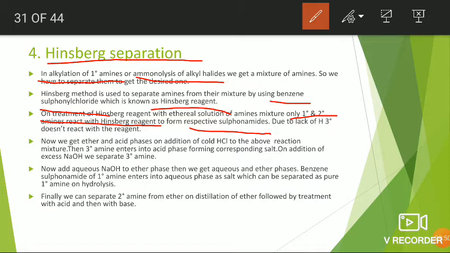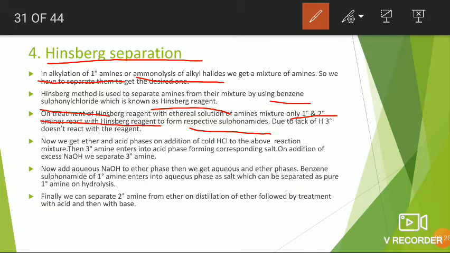This reaction, that is the reaction of Hinsberg reagent with primary and secondary amines, is a type of acylation reaction. Here the tertiary amines don't react with the sulfonyl chloride or Hinsberg reagent. Only the primary and secondary amines react with the Hinsberg reagent. So the ethereal solution mixture now contains the sulfonamides of primary and secondary amines as well as the tertiary amine.